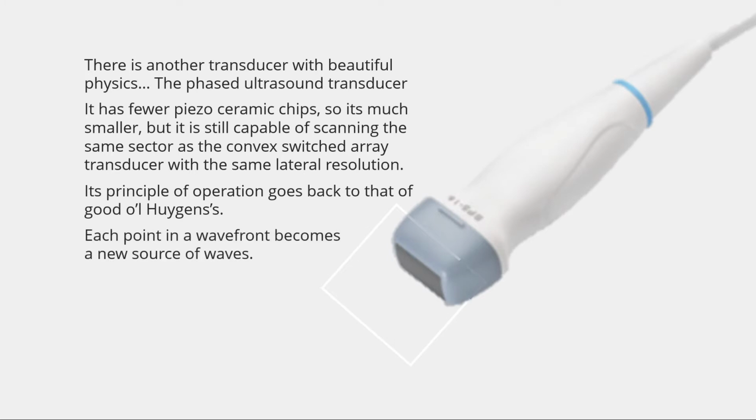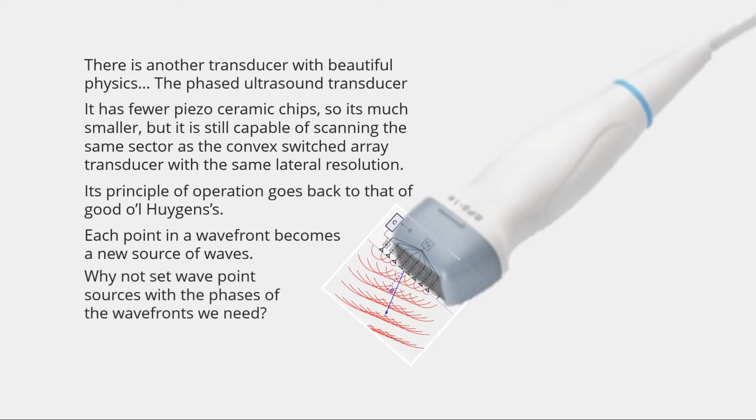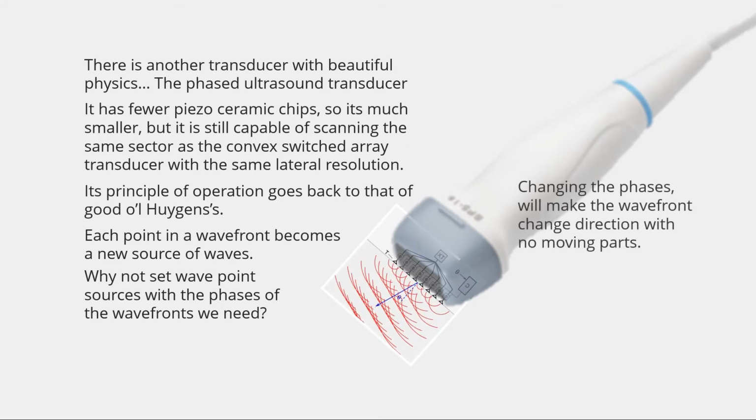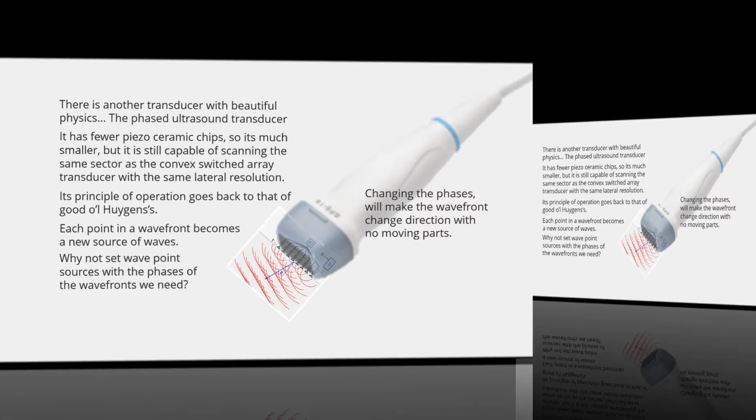Each point in a wavefront becomes a new source of waves. Why not set the wave point sources with the phases of the wavefronts we need? Changing the phases will make the wavefront change direction with no moving parts. Great idea, right?